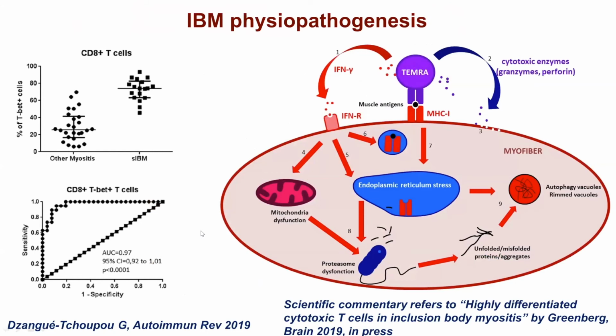And to make a long story short, there were a lot of debates regarding the physiopathogenesis of this kind of conditions, with some degenerative features within the muscles of the patients with these rimmed vacuoles, but also a lot of inflammatory infiltrates.